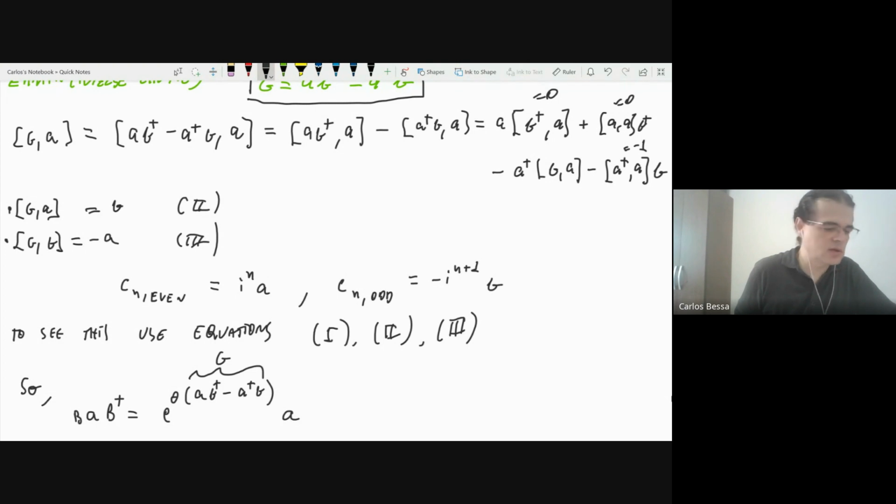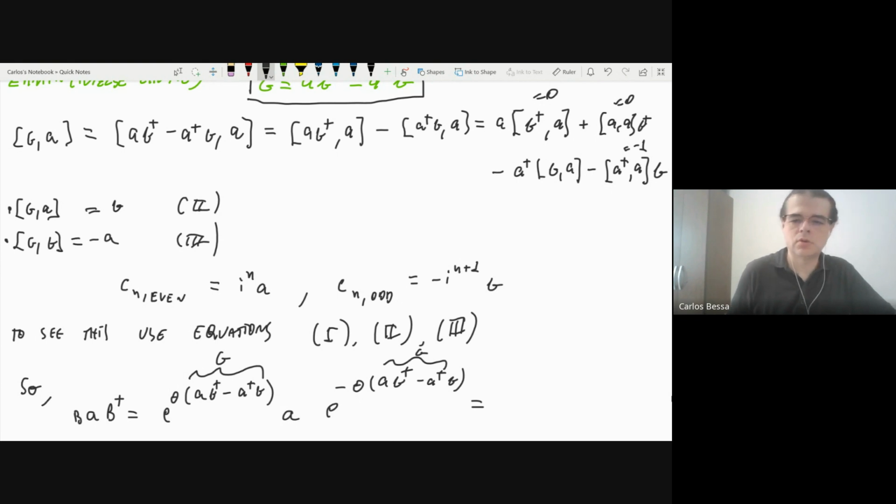So this is exponential of minus theta G, A, exponential of theta G. This is B, right?